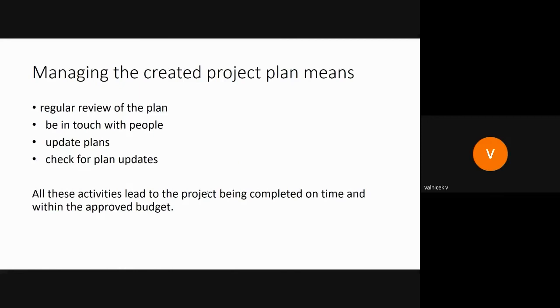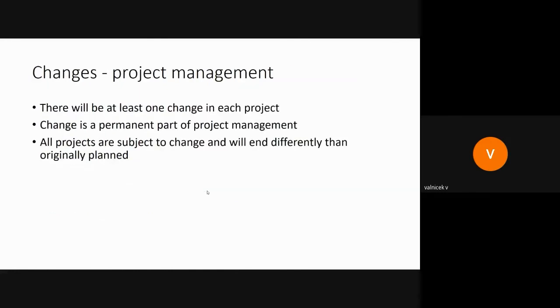All these activities lead to the project being completed on time and with approved budget. There will be at least one change in each project. Change is a permanent part of project management. All projects are subject to change and will end differently than originally planned.